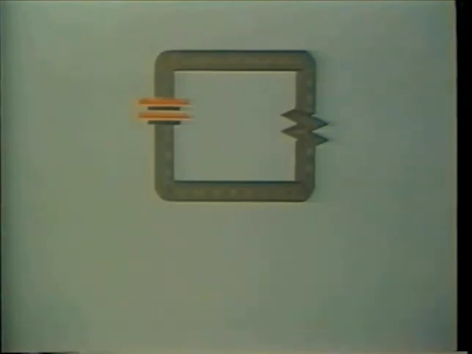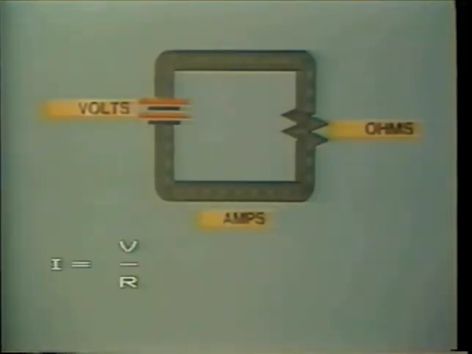Volts V, ohms R, and amperes I are related in the following manner. I equals V divided by R, which is known as Ohm's law.